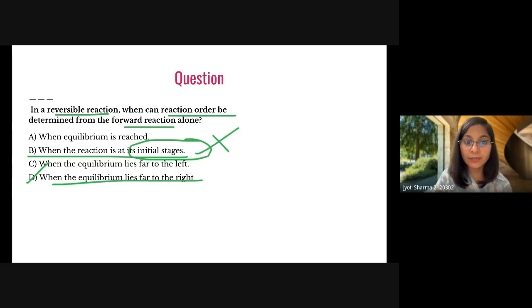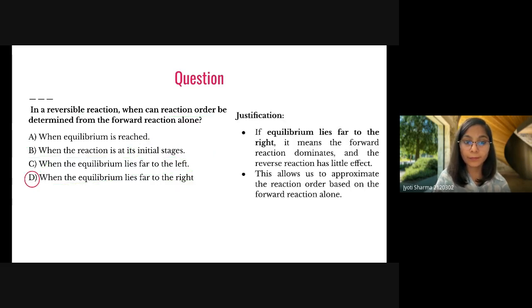But if it is a left equilibrium, what does it mean? It means that A and B will change into C and D, and C and D will not take much time to convert back into A and B. So when the equilibrium lies far to the right, this is a more appropriate answer than option B. If the equilibrium lies far to the right, it means the forward reaction dominates and the reverse reaction has little effect.